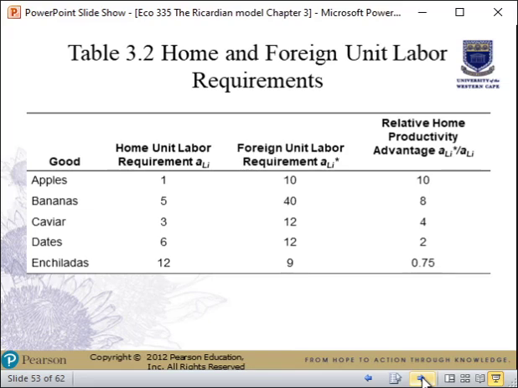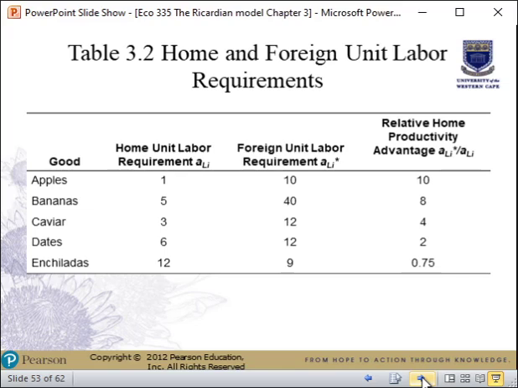If the ratio of the two countries' wages is, let's say, $3 for argument's sake, then the home country will produce apples, bananas, and caviar, whilst the foreign nation will produce dates and enchiladas.